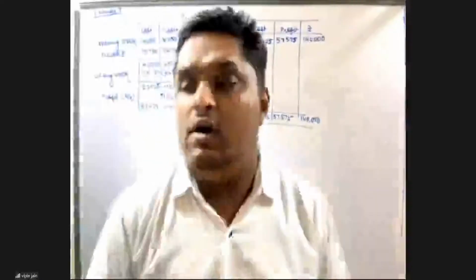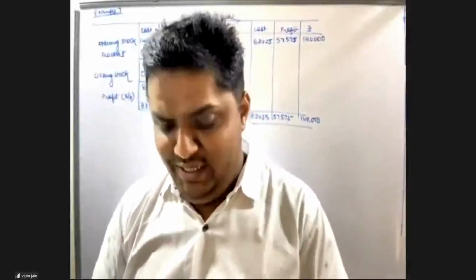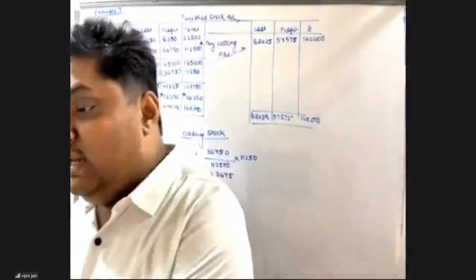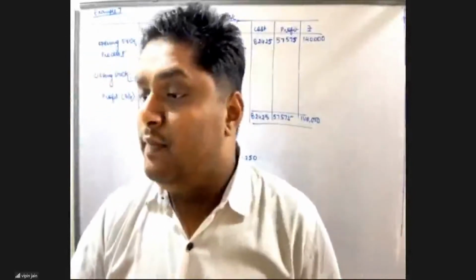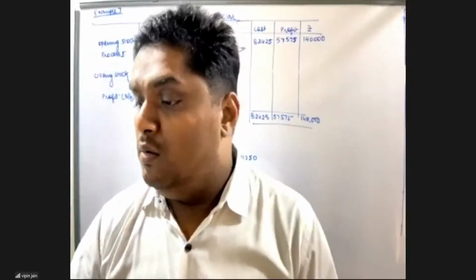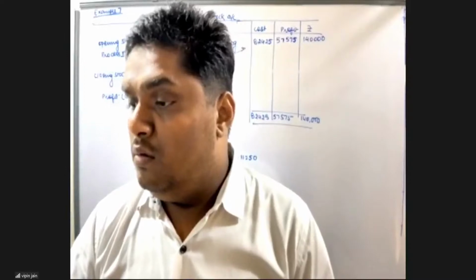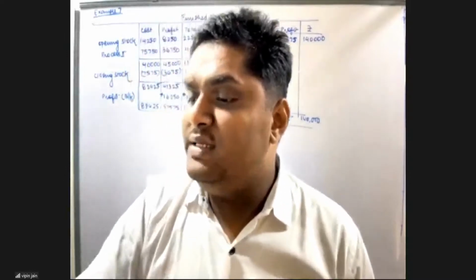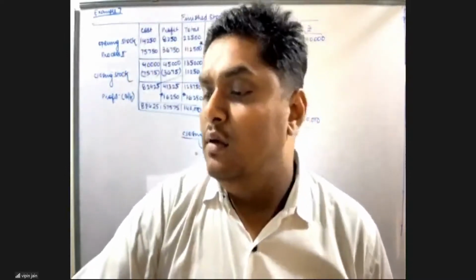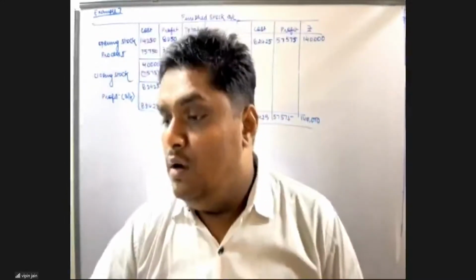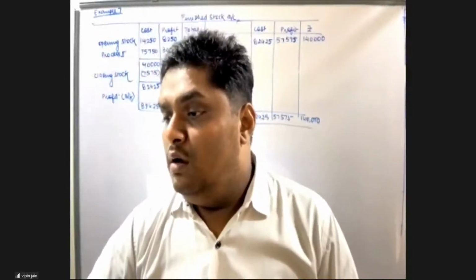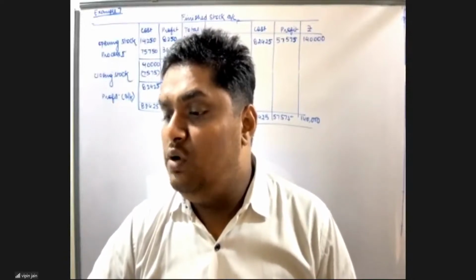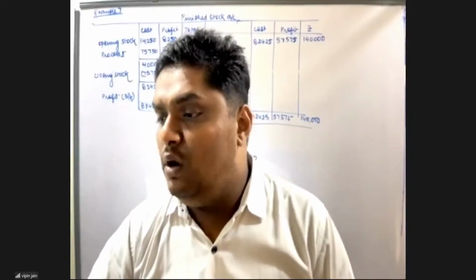So this is how finished stock account is to be prepared. If you guys have any doubts in this part, please post your queries. Waiting for your queries, guys. Ishan Best, hopefully your previous query is resolved.